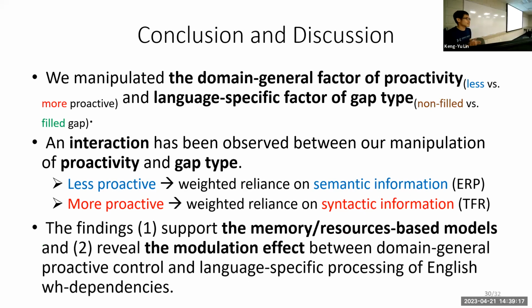So our findings support the memory or resources-based models, and reveal that a modulation effect can occur between domain general proactive control and language-specific processing of English WH dependencies, meaning that language processing might not be independent per se. It has to interact with other domain general or non-linguistic cognitive processes. That's the take-home message of the study.